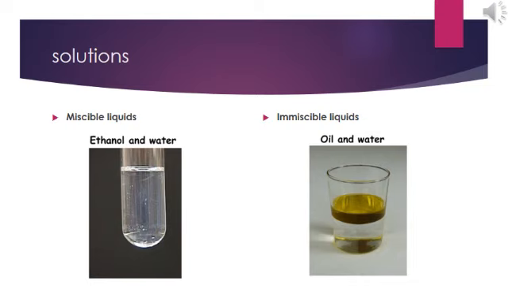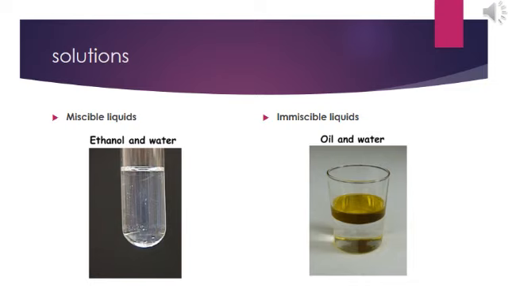Any two liquids which can be mixed or dissolved into each other, for example, a mixture of water and lemon juice, or a mixture of water and ethanol. Whenever they are mixed in any concentration, they easily mix together, and we can see a single layer in the glass or container in which we are mixing the two liquids.